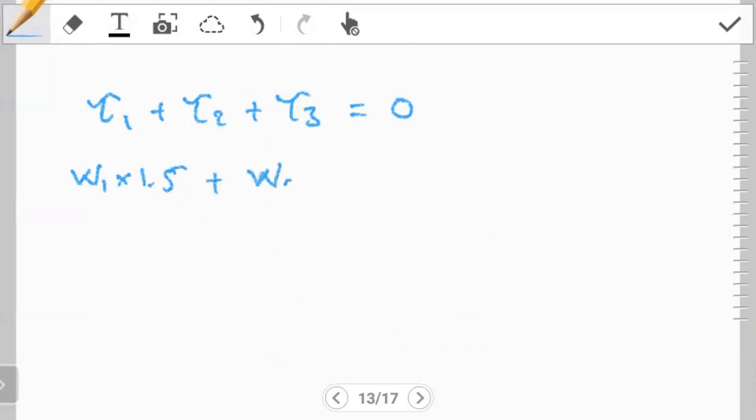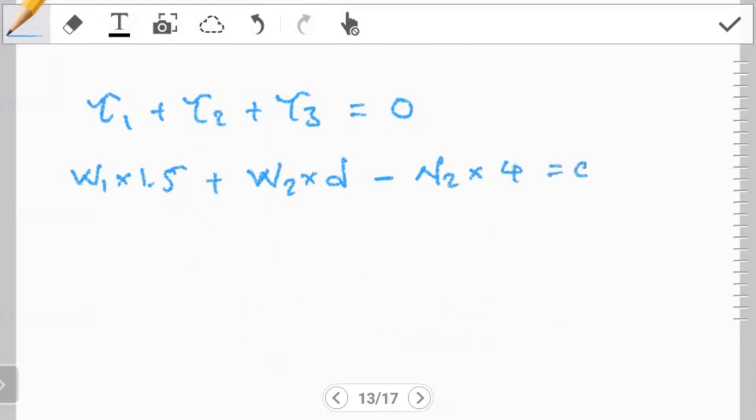So now again, summation of torque 1 plus torque 2 plus torque 3 is equal to 0. So torque 1, we saw it was W1 times 1.5, plus torque 2, W2 times D. Torque 3 is negative, so that's minus N2 times 4.